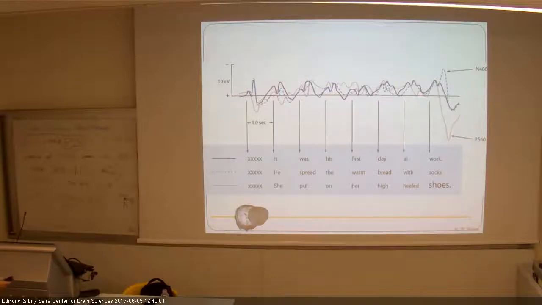Just the opposite, it would cause this P500 or P600, a later positivity. Very systematically, there's a big difference between semantic incongruity and syntactic incongruity. There are other components which I'm not mentioning today because they're too specific, that you can look at if you're interested, that are sensitive to specific syntactic deviations.